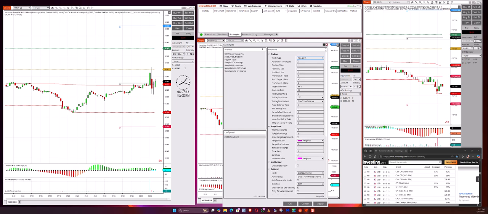And then I will just set up an MES scalp, 20 ticks, 50 ticks, target 1 and 2. My target 1 stop move, if it hits my first target, I'll move my stop to break even automatically. And I'll use a 50 tick stop. Remember, it's MES.